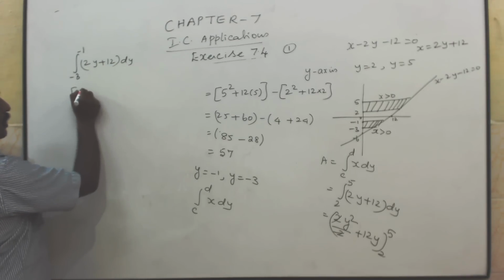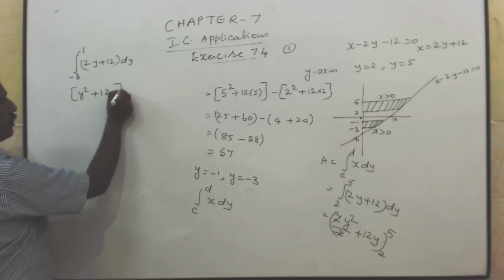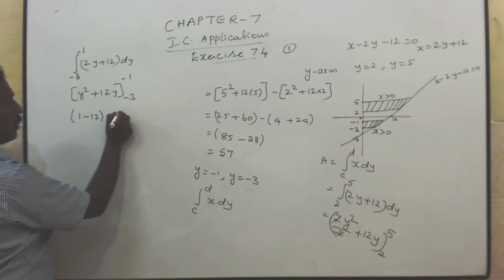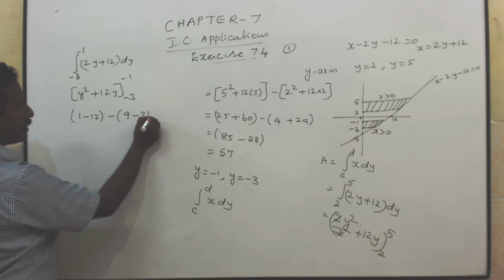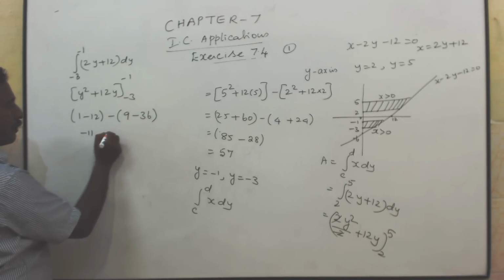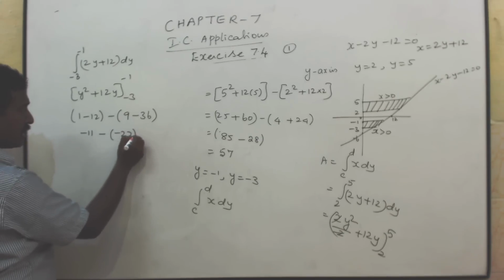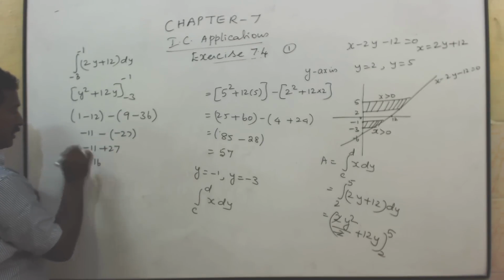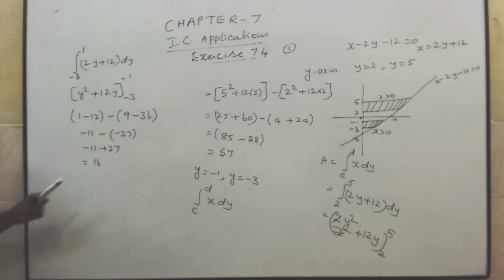Integrating 2y gives y square plus 12y, from -3 to -1. 1 minus 12, so 9 minus 36, minus 11 plus 27, that equals 16.